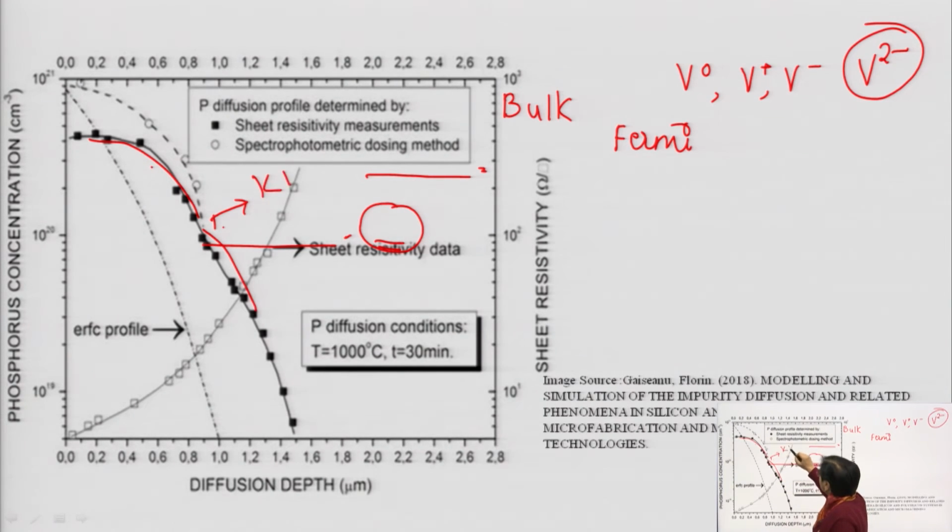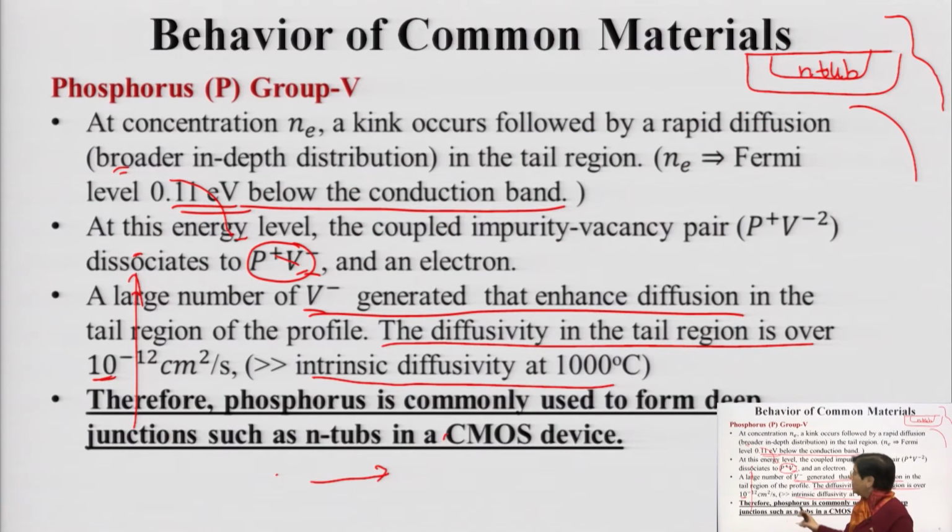We call it a kink, and this kink behavior is seen in the phosphorus diffusion profile. But beyond the kink, you will have a tail region where the concentration keeps reducing, up to 10 raised to the power minus 12 centimeter square per second, which is much less than the intrinsic diffusivity at 1000 degrees centigrade.